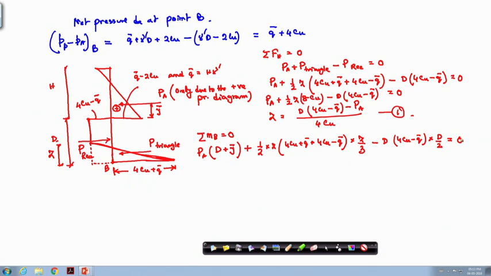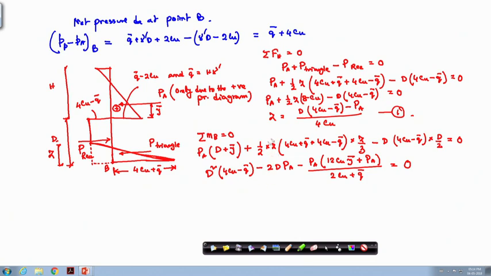If I finally simplify this expression, I can write d square into 4 cu minus q bar, minus 2 d P A, minus P A into 12 cu y bar plus P A squared divided by 2 cu plus q bar, is equal to 0.